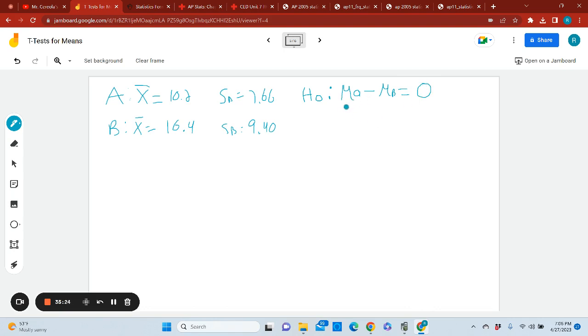That's saying it doesn't matter whether you take the drug or not. On average, the reduction in cholesterol is going to be the same. So the difference between the two is 0.